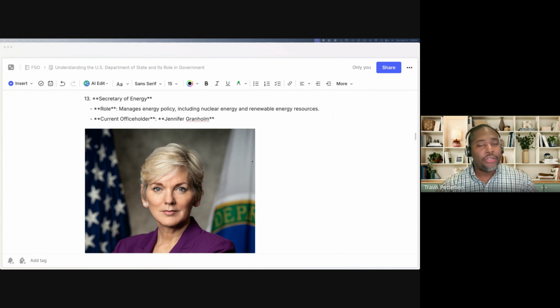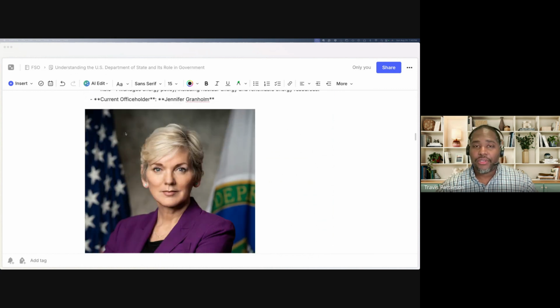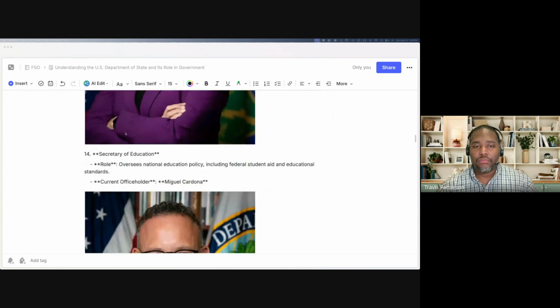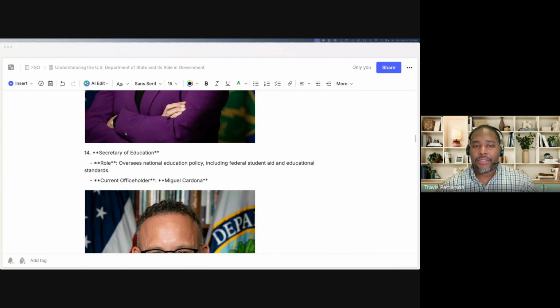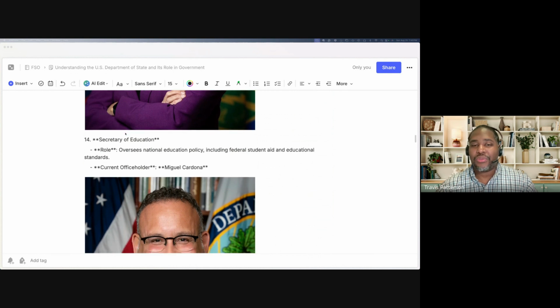Energy is going to evolve. Right now, we're getting heavier into solar, and we're pretty sure we're going to see something soon with CERN and the particle accelerator. The Secretary of Energy manages energy policy, including nuclear and renewable energy resources. Jennifer Granholm. Department of Education: Miguel Cardona oversees education policy, including federal student aid and educational standards.